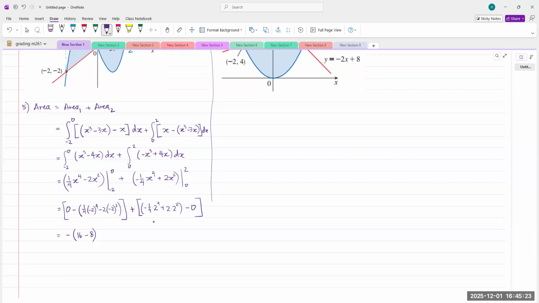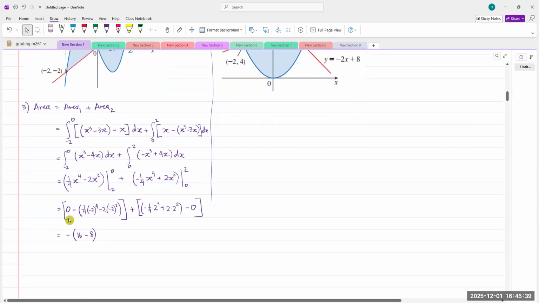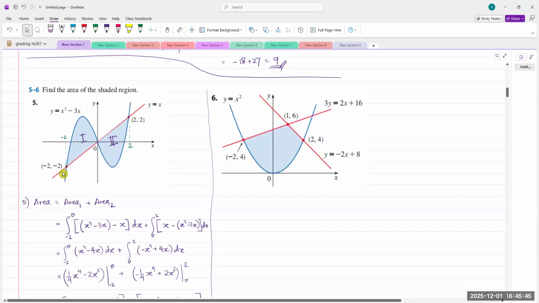Why do I feel like something is not right? That's the upper function. That's the lower function. Why does it give me negative area?